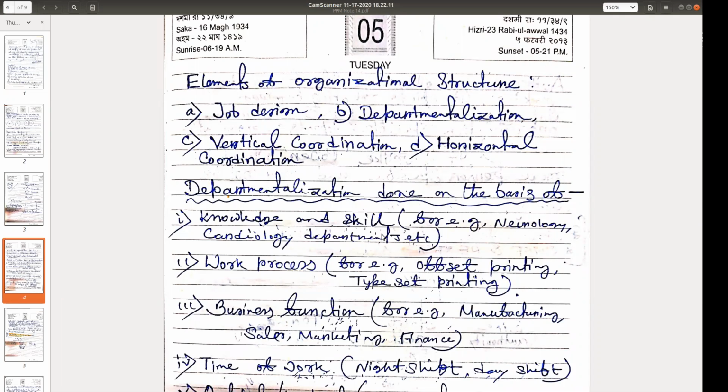So these things should be clear, and that is authority. We will come to that point. These are not the same thing, though authority is a very important part of organizing. Okay.